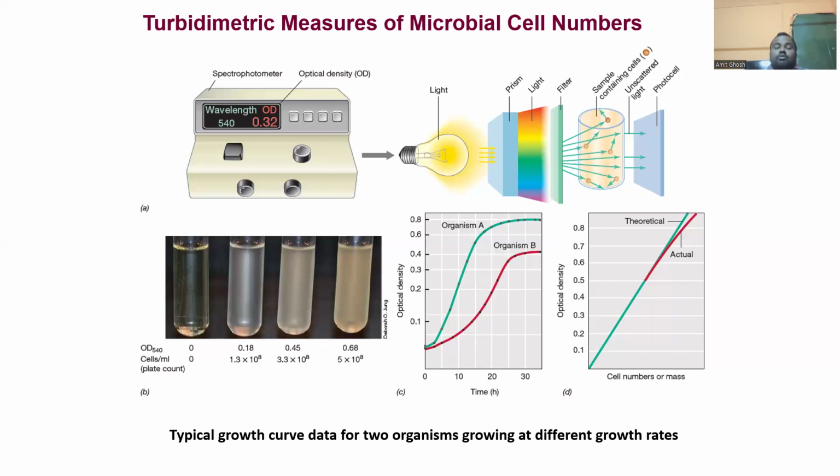Bacteria always maintain a typical growth curve. We will learn next what the growth curve is, what the phases in the growth curve are, its significance, and how we can get a growth curve in any microorganism by culturing. Thank you for listening.